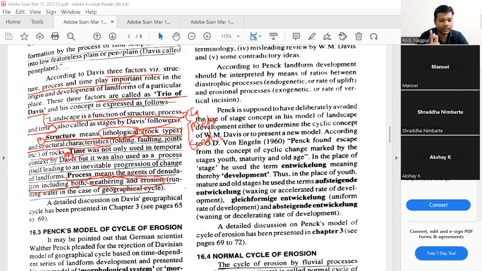Weathering and erosion, both these things combined together, form the factor which is called process.